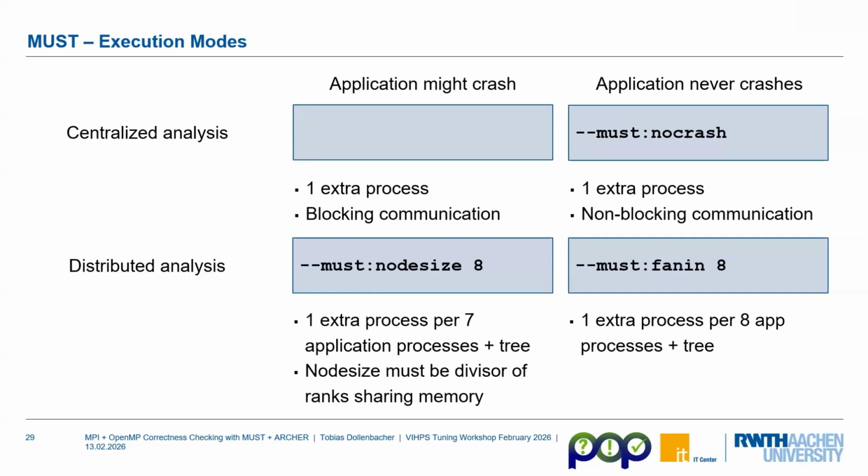So MUST will split the overall processes into these chunks and assume that all the slices that it gets run on the same shared memory. So node size must be a divisor of the ranks on a shared memory node.